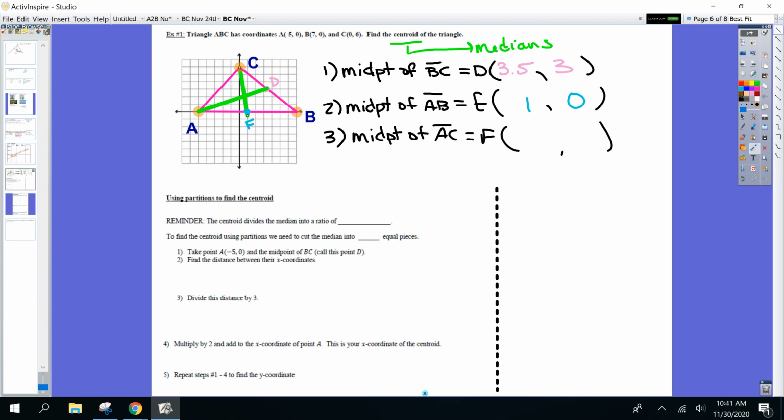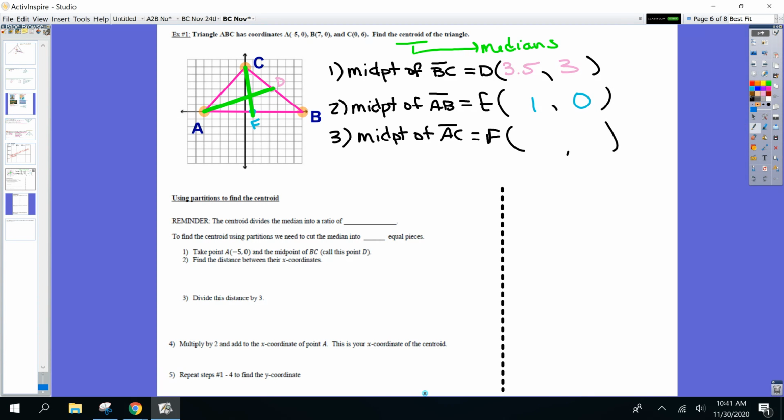And we got one more here, kids. You guys at the end of the alphabet, midpoint of AC? Negative 2, 3. Hey, negative 2, 3.